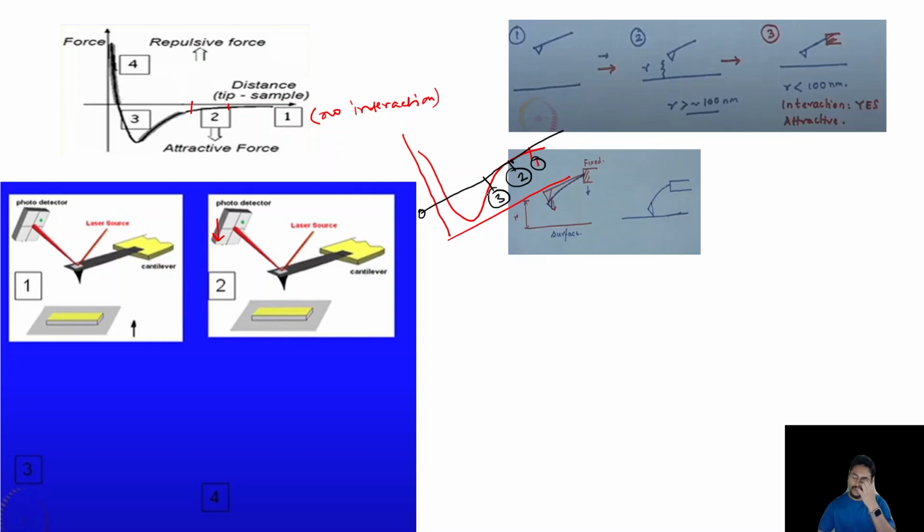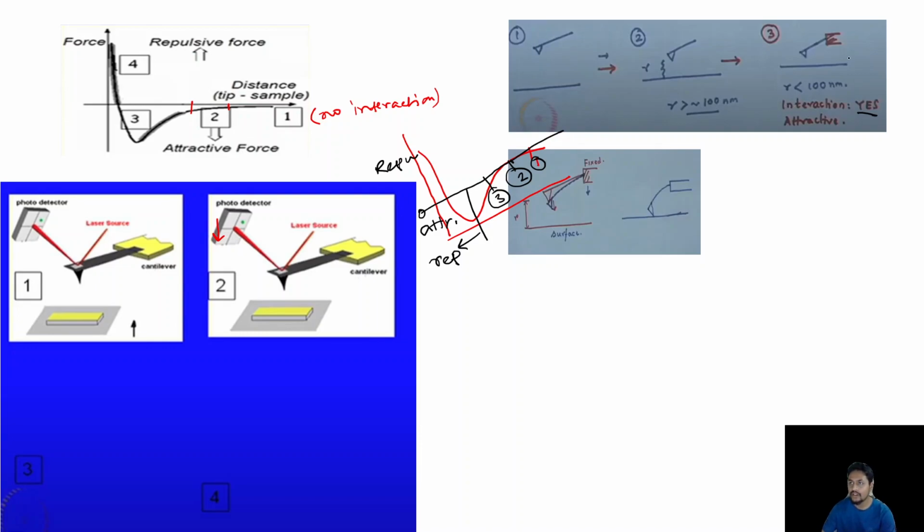At the third position, some kind of interaction is obviously there, and that interaction is attractive in nature, because the below part is the attraction regime and this part is the repulsion regime. The repulsion starts from this point, and this part is only attraction. So this interaction is only attractive.